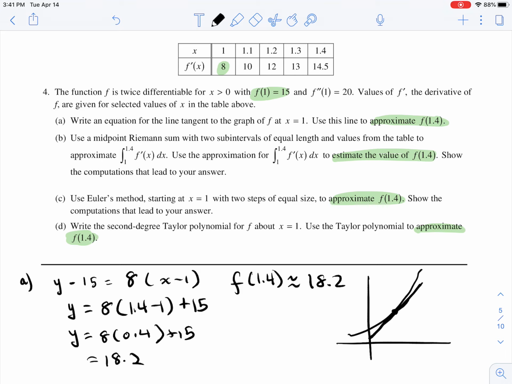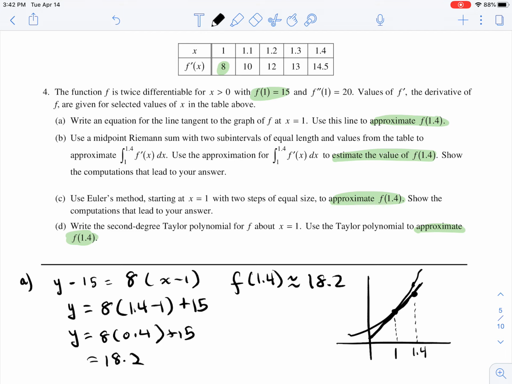If this is our tangent line at x is equal to 1, at 1.4 we're approximating some value, and we're doing that so that we can try to approximate the actual value at 1.4. So we're approximating f of 1.4 using its tangent line. This is just a visualization of what we're trying to do here.